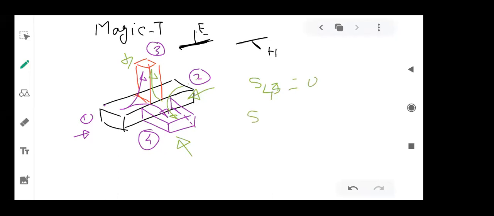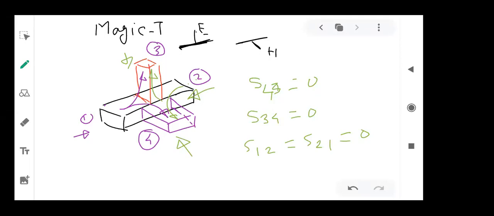Similarly, if I apply anything at port number 4, then at port number 3 the signal will be 0. And similarly, port number 1 and 2 are isolated. So this is how it behaves.